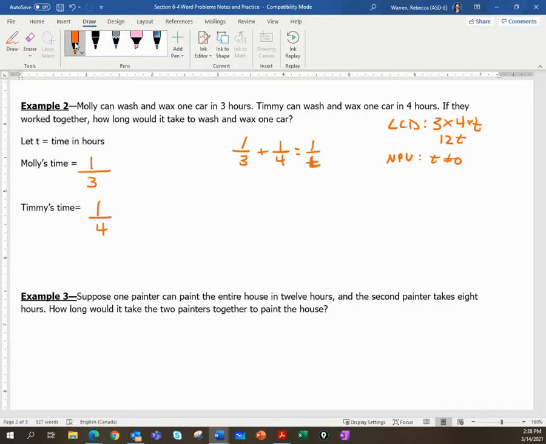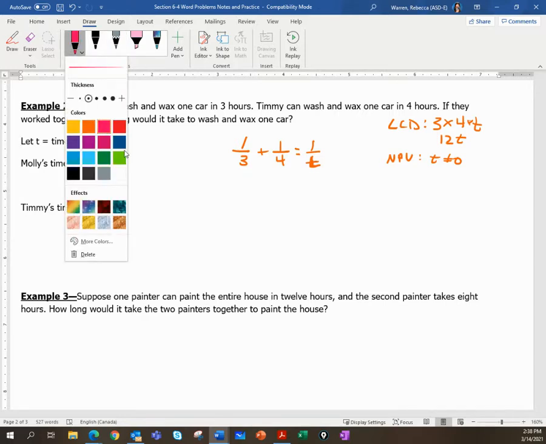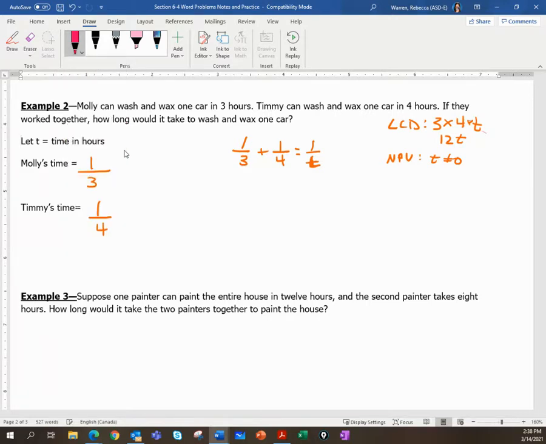And then from there, again, I want to get it over a common denominator. So this first fraction already has a factor of 3. So what factors are missing? 4 and t. So I will times by 4t on the bottom to make it that 12t, which means I have to times the top by 4t as well. The second fraction already has a 4, so I'm going to multiply by 3t on the top and the bottom.